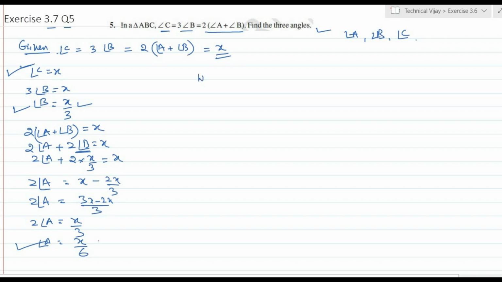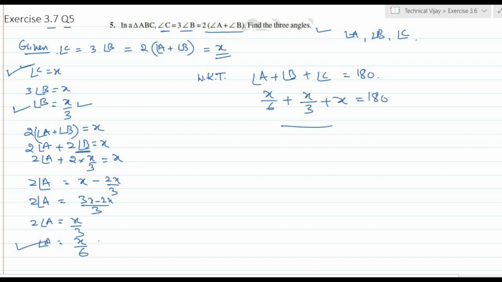So now we know that angle A plus angle B plus angle C is equal to 180 degrees. Okay. So now we will substitute this. Angle A is x by 6 plus angle B is x by 3 plus angle C is x, equal to 180 degrees. Okay.